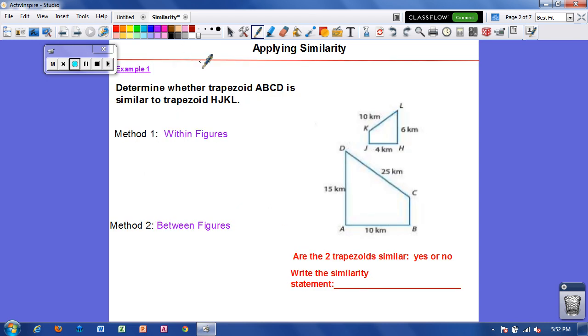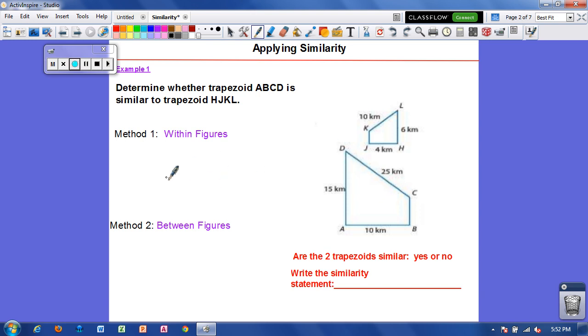Alright, let's go ahead and do an example together of determining if two figures are similar. So example 1 says, determine whether trapezoid ABCD is similar to trapezoid HJKL. Now notice this trapezoid is not facing the same direction as this one, but that's okay. We just need to notice what our corresponding sides are.